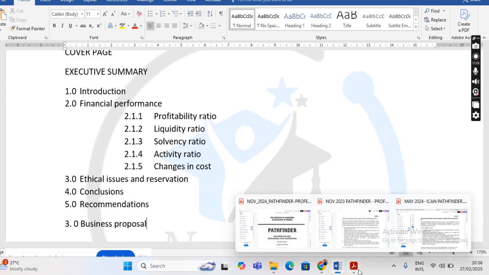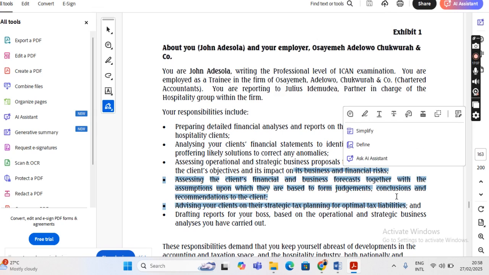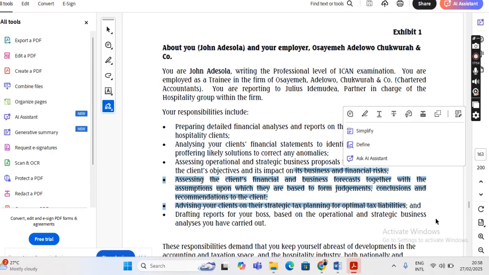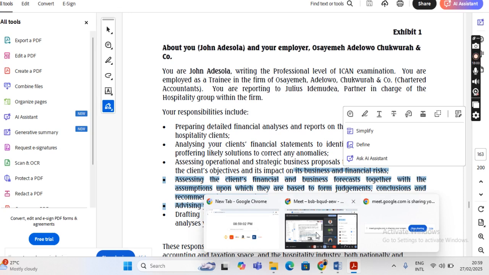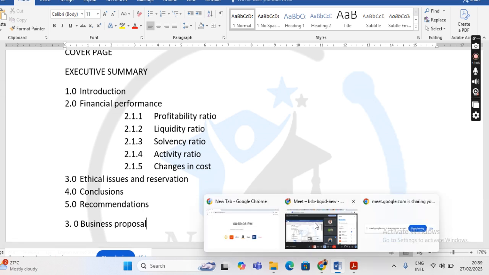Now, business proposal. Class, don't forget that this business proposal will include some business risk, setting out the client's financial and business forecast together with the assumptions upon which they are based, to form judgment, conclusion, and recommendation to the client. Now, class, when you read the pre-seen and see that this is a business proposal, you should know that definitely you'll be given two forecasts.